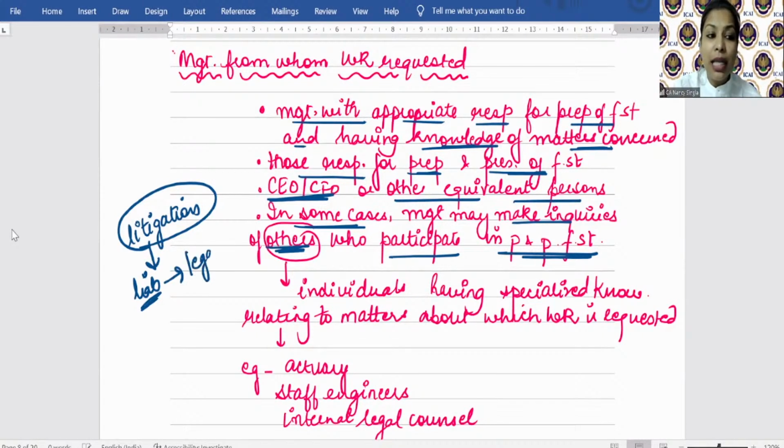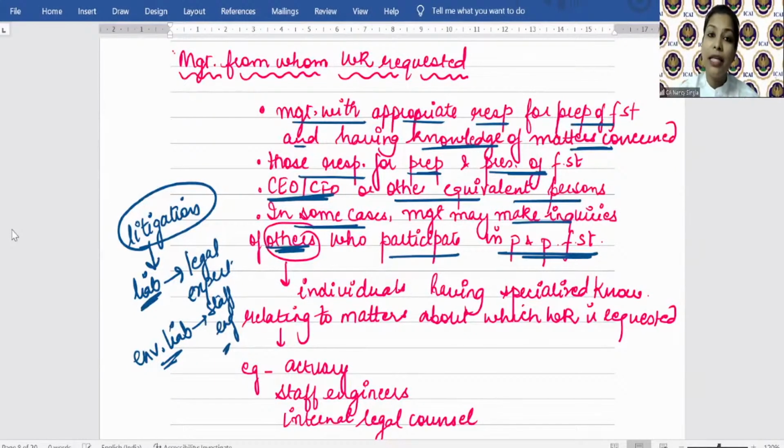Let's say the management had taken the service of a legal expert, or with respect to environmental liability, the company is situated in the northeastern states, so there might be some environmental liability. So certain staff engineers' services have been taken by the management.